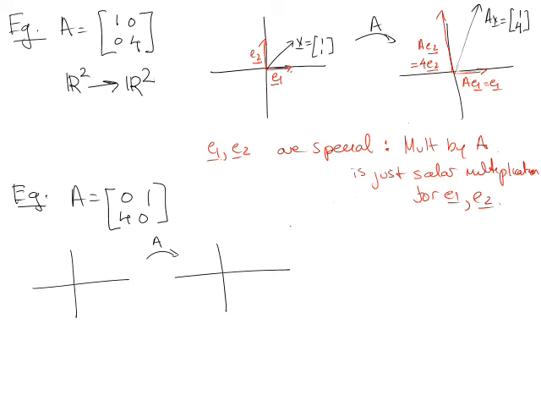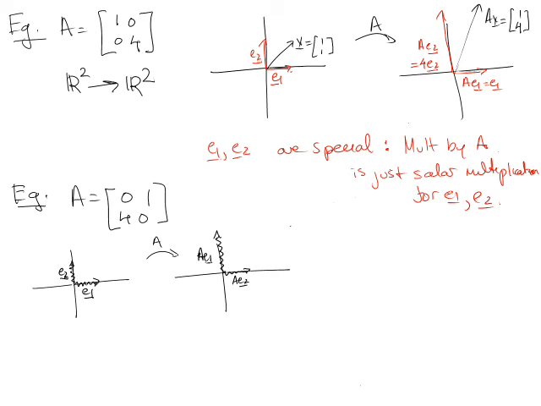So if you see what happens to e1, well, Ae1 is the first column of A, so Ae1 is actually 4 times e2. So in particular, it's not pointing in the same direction as e1. So this is not a special vector. And again, if you plug in e2 here, you'll see that it gets mapped to e1. Okay? So the same vectors that were special for the first A are not special for this one.